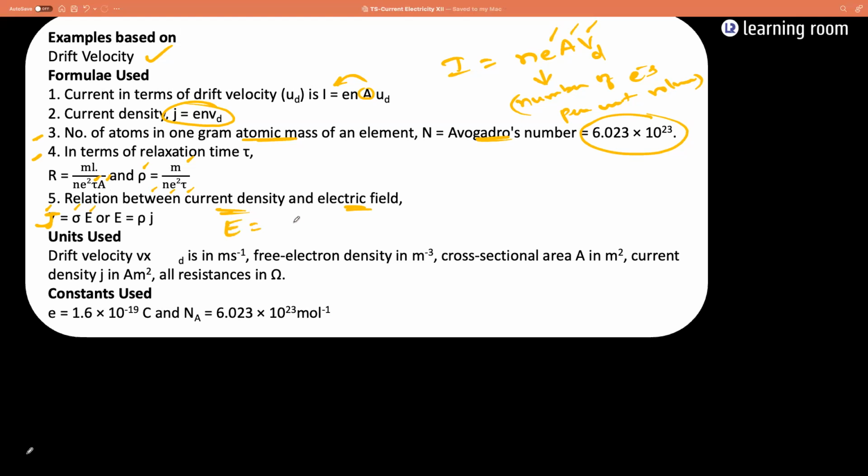Suppose you write E, E will be equal to 1 by sigma into J, and 1 by sigma is rho, so E is rho into J. This can be a 1 mark question in MCQ. What is the relation between current density and electric field? Current density is equal to sigma into E, or electric field is equal to rho into J.